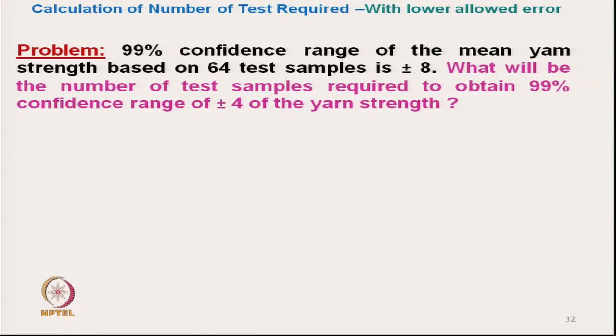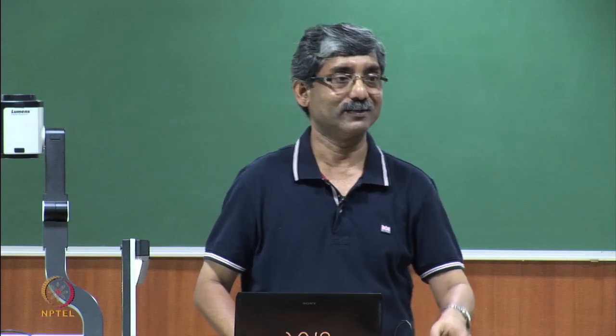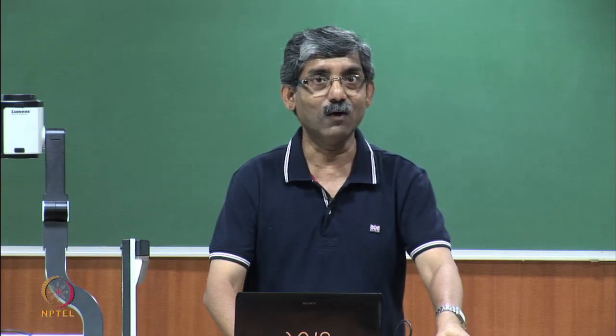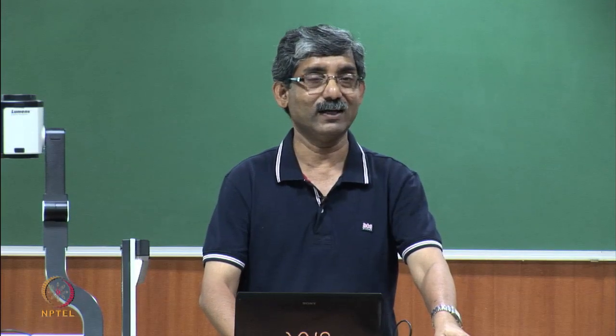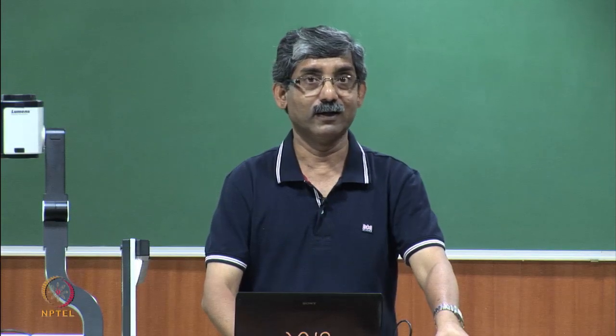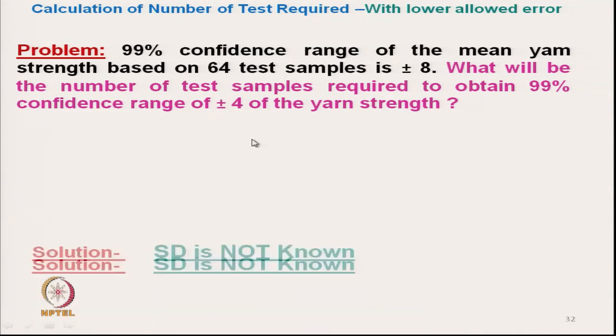So, the 99% confidence limit is the same, only the range has changed. Initially 64 tests were conducted and the confidence range was plus minus 8. Now, we have reduced the confidence range; it has become plus minus 4. What we have done here is reduce the error limit.